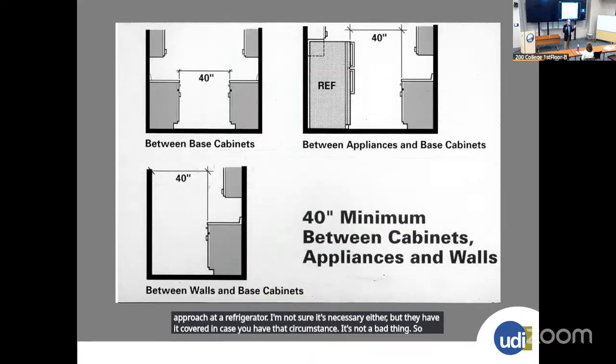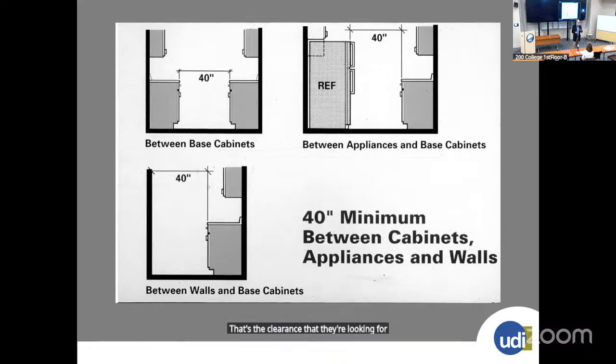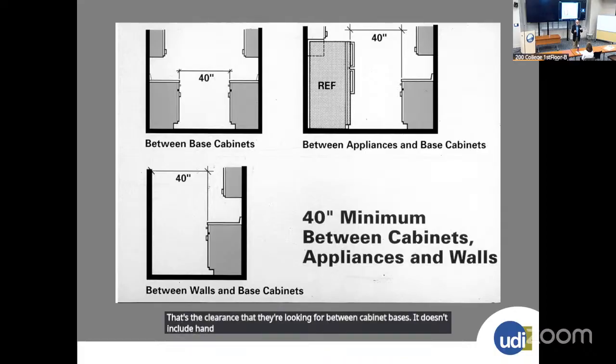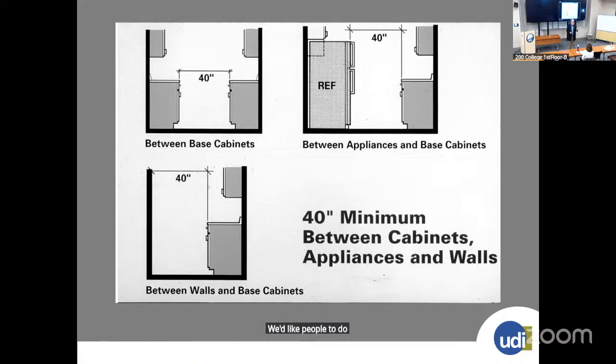So there's your 40-inch clearance. That's the clearance they're looking for between cabinet faces. It doesn't include handles or the countertop projection. It's between cabinet faces, and it may be better than you might find otherwise. We like people that do 42, like with ramps and so on.